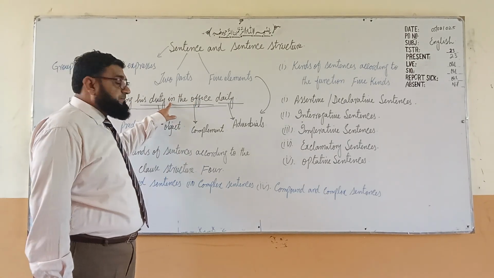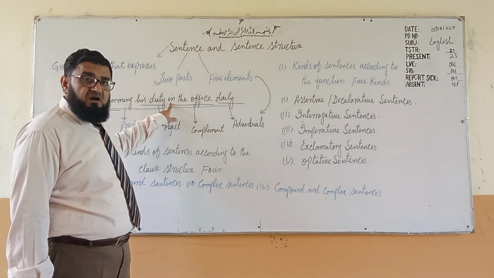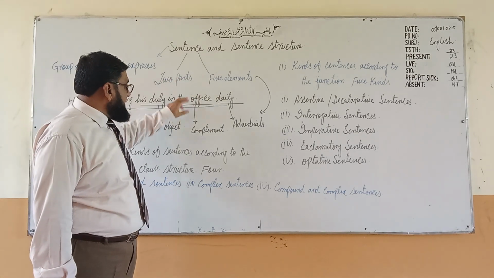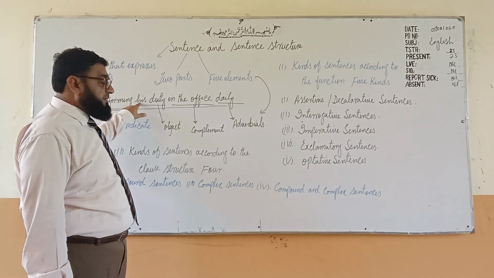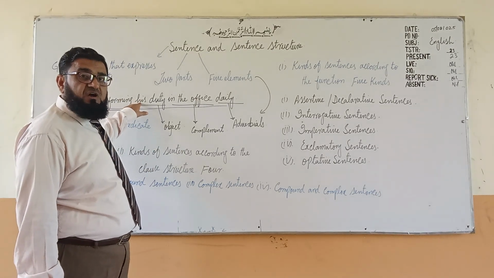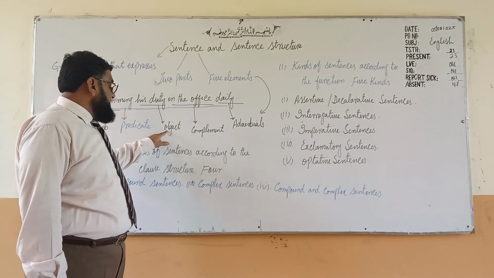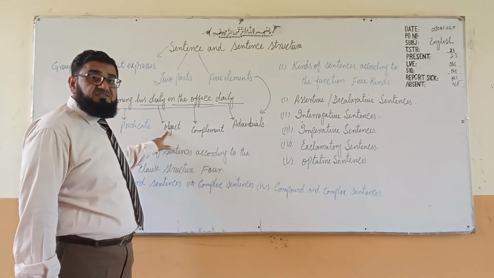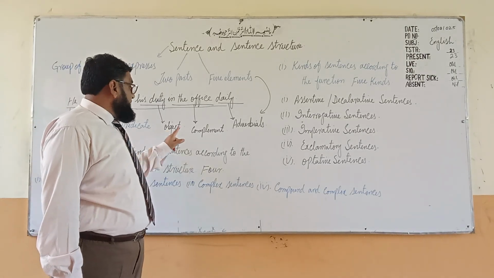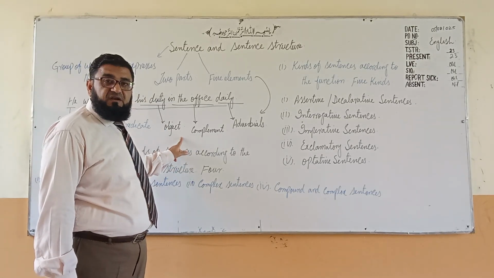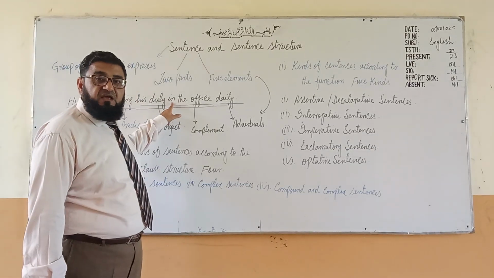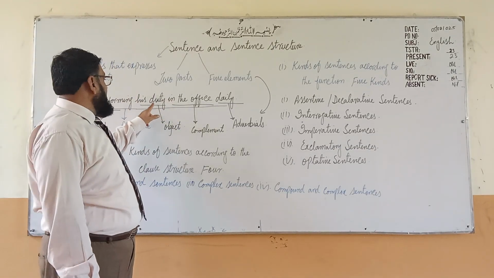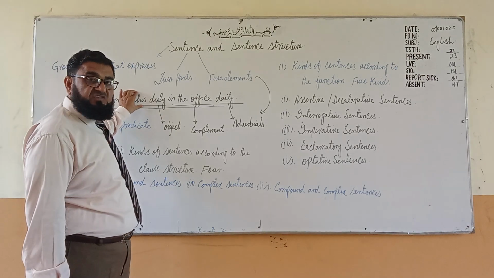When there is no preposition before the noun, we will call it an object. This is the major difference between object and complement: complement will always be preceded by a preposition, while object has no such thing.